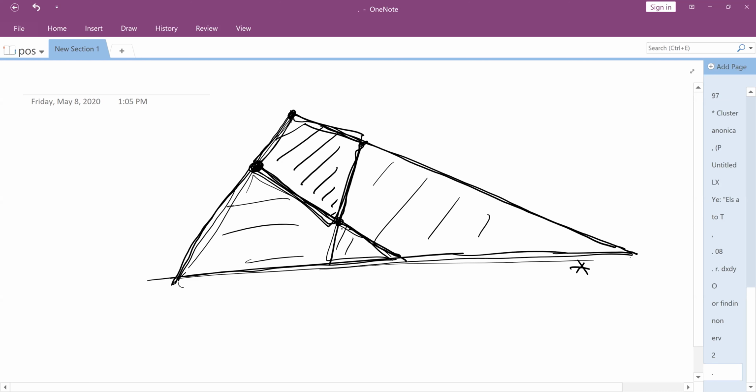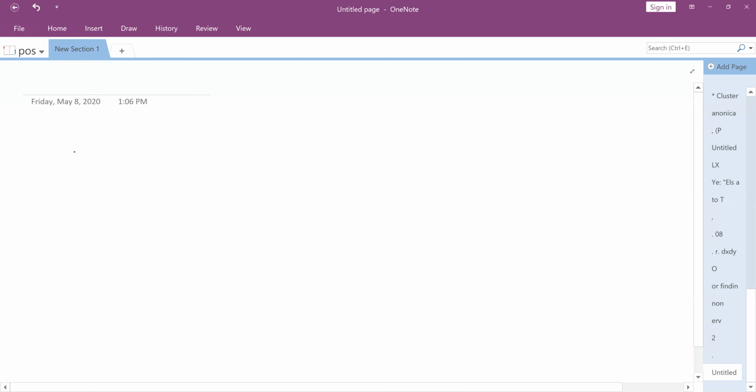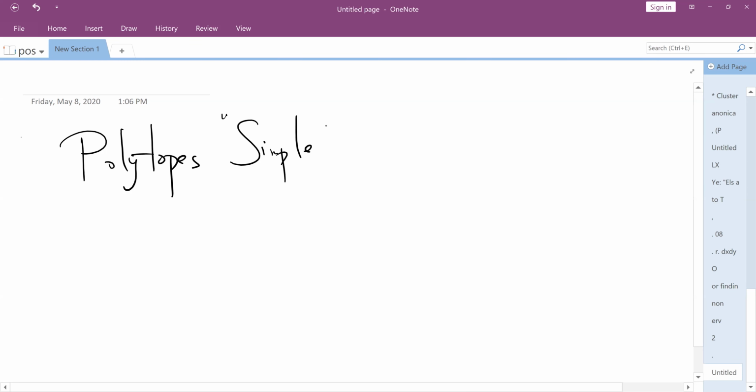Okay, so that's interesting, and in fact, there's a class of polytopes for which this always works. It always works in 2 dimensions. There's a class of polytopes that are known as simple. Simple means that at every vertex V, it looks locally like a simplex.